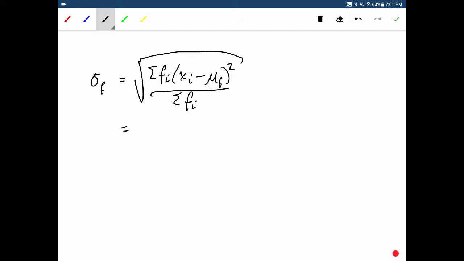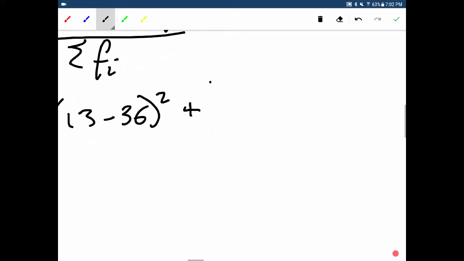So what you're going to do is say, well, we've got 1 times 13 minus 36 squared. Make sure you square those brackets before you multiply by the frequency. In this case it's 1, so it wouldn't make a difference, but in the next one, make sure that you find the difference, square it, then multiply by 5. Of course, if you're just putting it into your calculator, it will not make a difference, because your calculator will do it for you, as long as you type it in right.